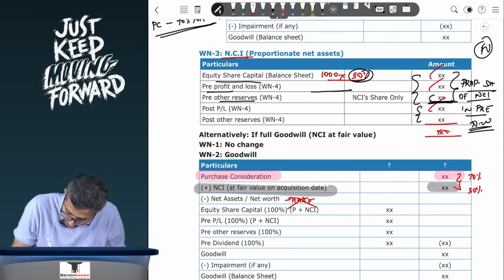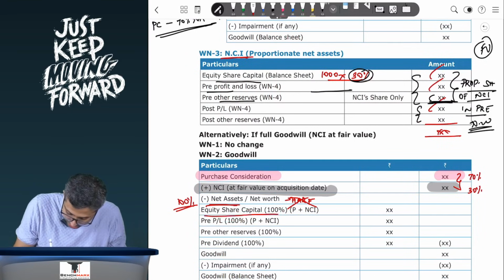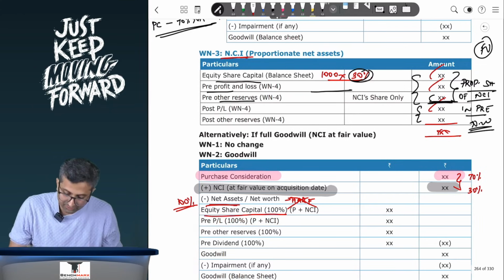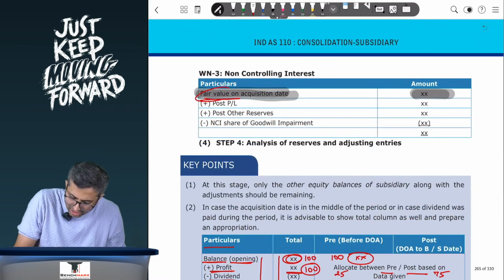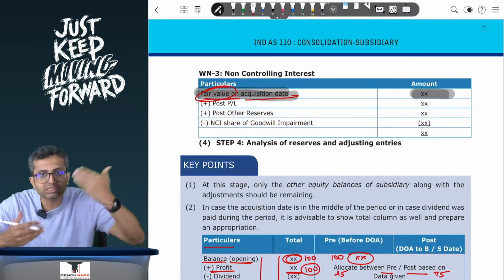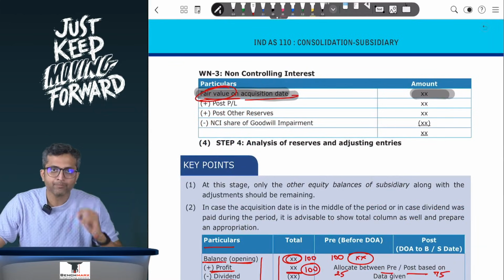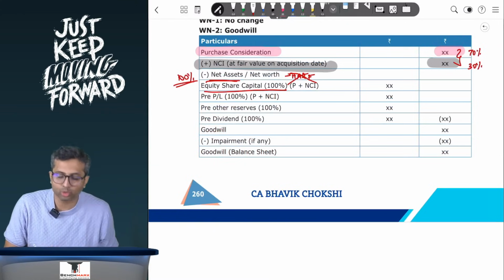Now, I will take 100% of the net assets, which means when I am doing the working, the entire 100% of the share capital. Sir, usually I give 30% to the NCI, but now that is not needed because I have directly taken the fair value of NCI on the acquisition date. I don't need to, it can't increase further because of the share capital. Okay, so the entire share capital will be used in my working note 2.